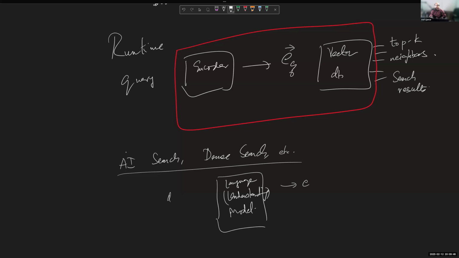A document or sentence went in, or text went in, and it became a vector. But language is a form of communication, and I'm not communicating with you as much with written text as with just speech.